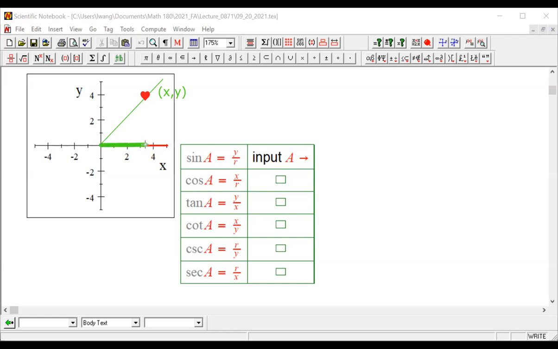This is X, this green line, this height is X, right? And what's the Y? This is Y. So this is X, and the red one is Y. Okay? This is Y.